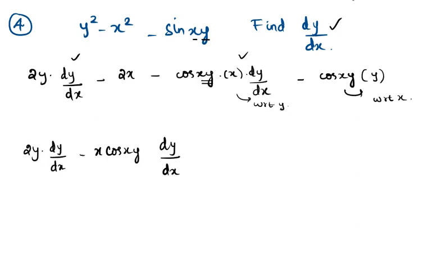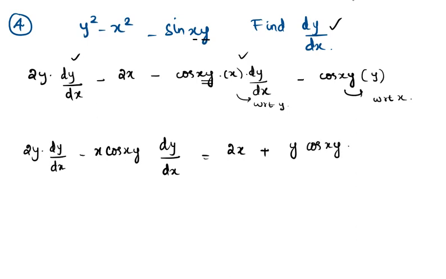So let us write this on the right hand side. So minus 2x will become plus 2x. Same way, minus cos xy into y will become plus, so plus we can write this as y cos xy.